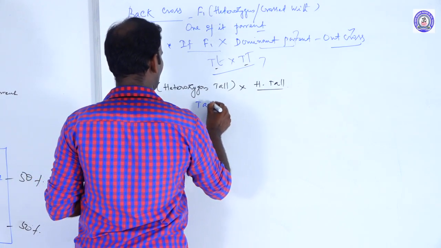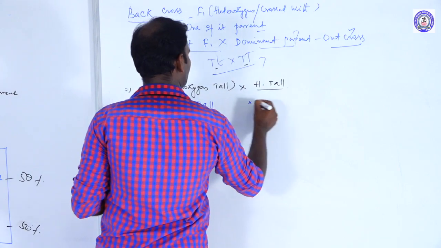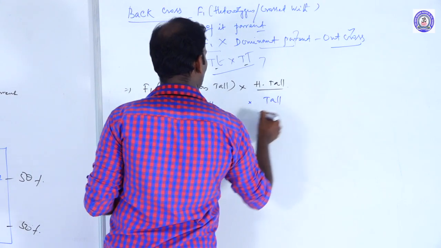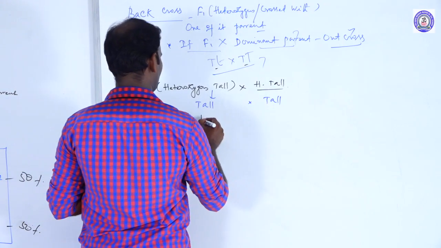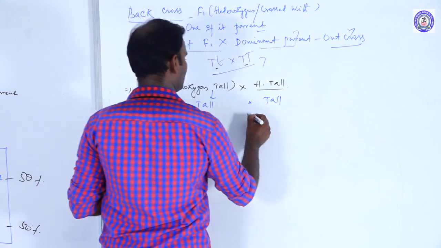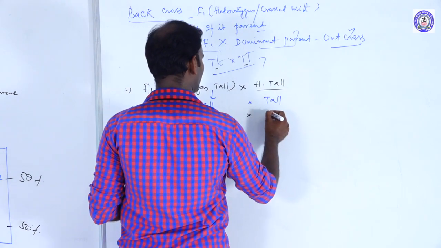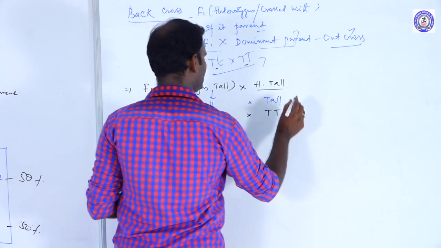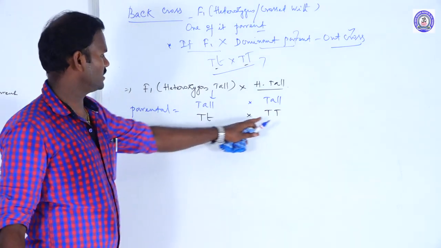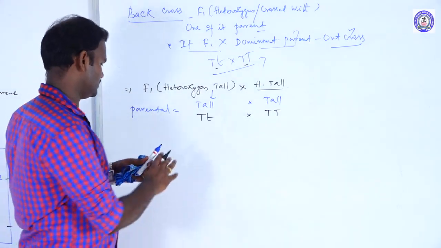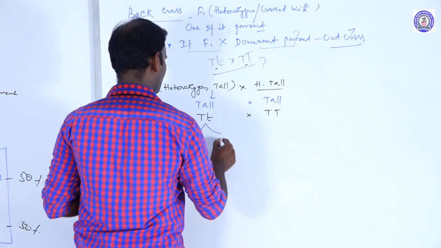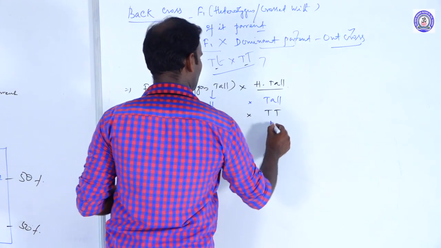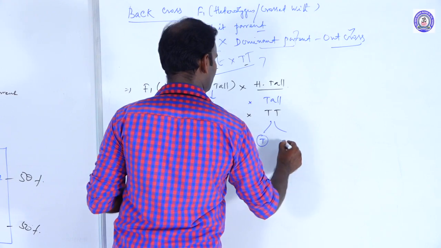F1 is also tall, but it is a heterozygous tall, capital T small t, crossed with the homozygous tall, capital T capital T, a homozygous pure state. The heterozygous parent has two types of gamete, capital T and small t. Here, capital T capital T.